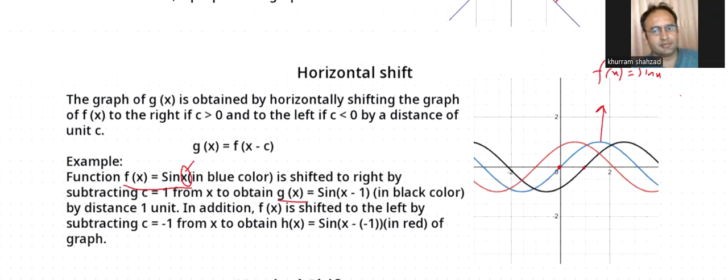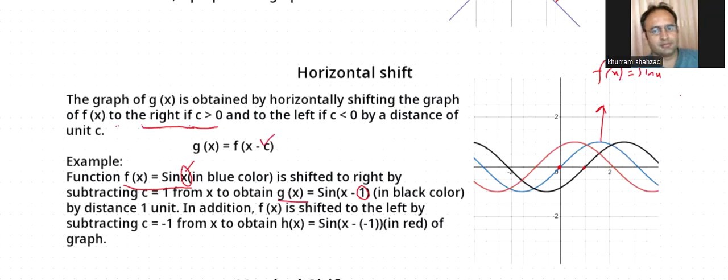Since we have subtracted 1 and 1 is a positive number, as you can see from the definition, the graph of f of x is shifted to the right. When any graph is shifted to the right, this c is positive. Instead of this c, I have used 1 here.